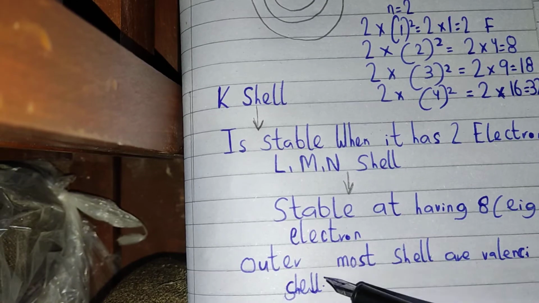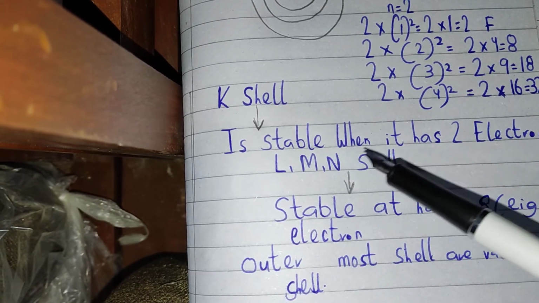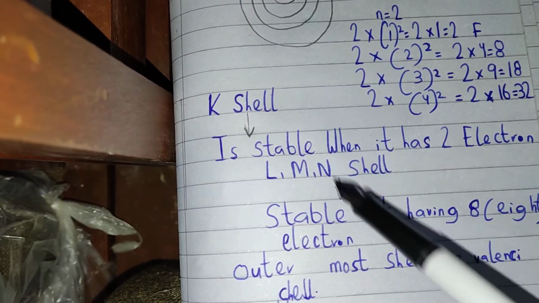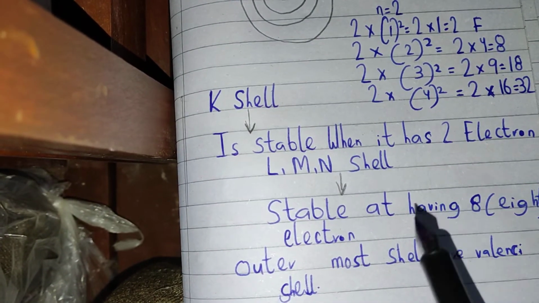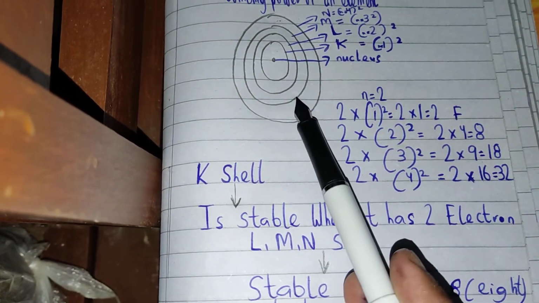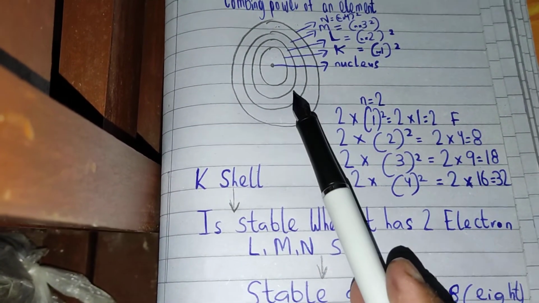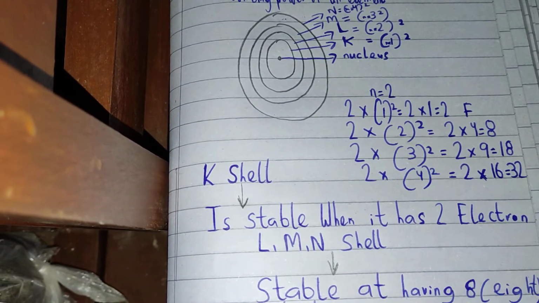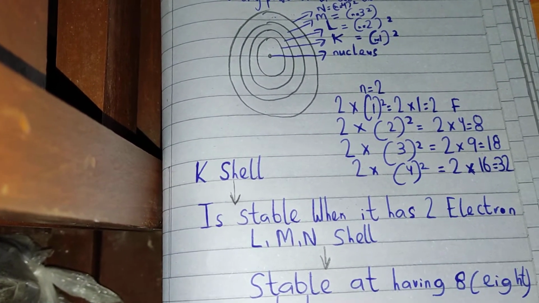The L, M, N shells are stable at having 8 electrons, and the K shell is the only shell which is stable with 2 electrons. So here is the Bohr model of atom. This is the basic of valency, for finding the valency.